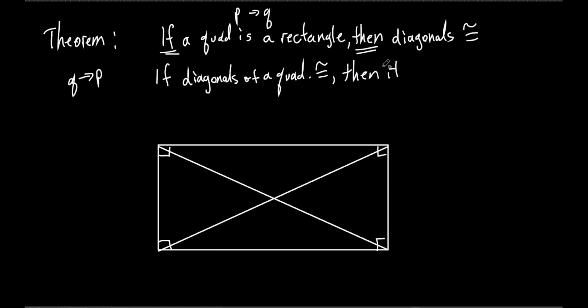Then it's a rectangle. Do you see the difference? It's a subtle difference, but it's definitely a difference because we completely switch the if-then statements. Instead of going if P then Q, we change it around and go if Q then P. By the way, we give that a name. The if Q then P, we call the converse of the statement.